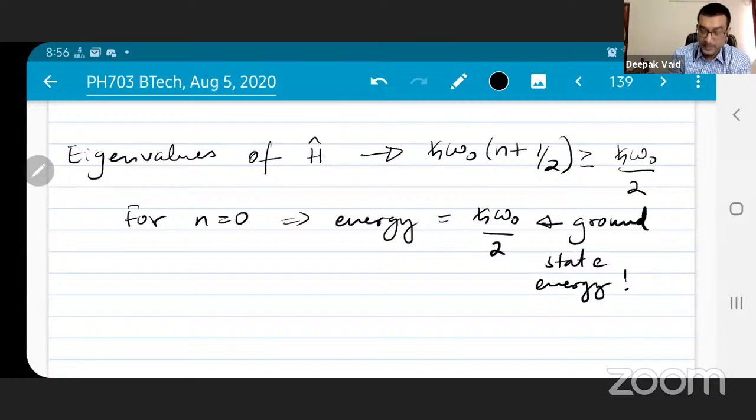So the ground state energy is not 0. And if you remember, this is the same thing that we found for the particle in a box. For a particle in a box also, the ground state energy was not 0.